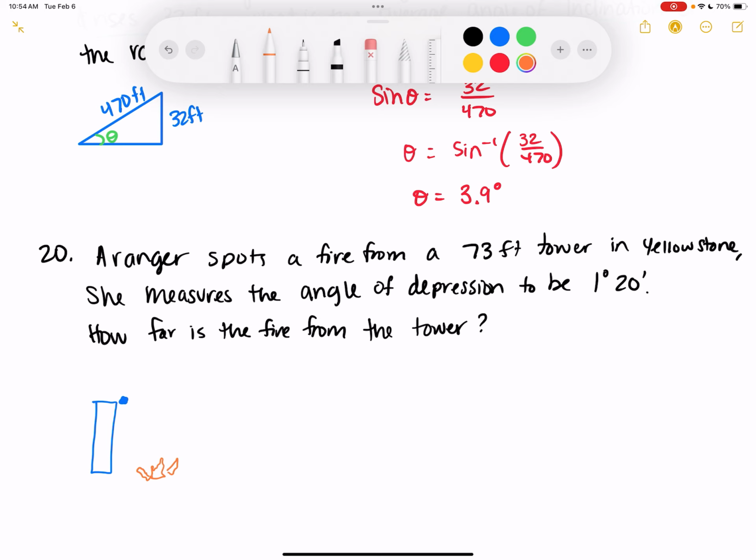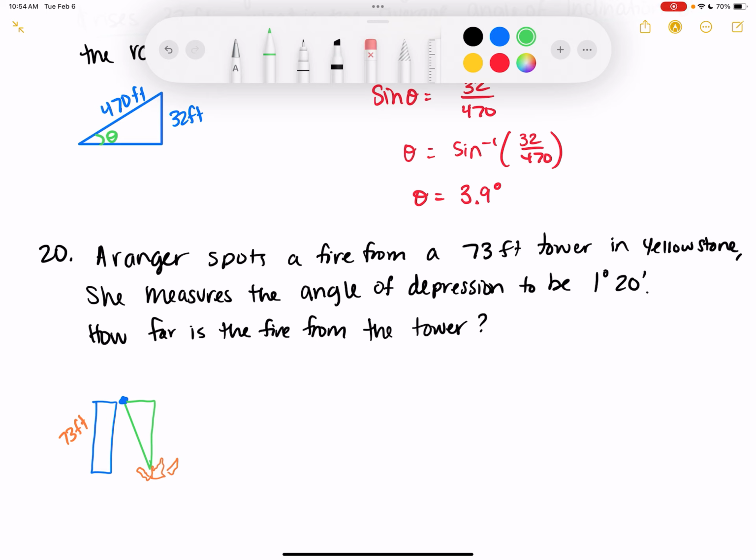Now, the tower is 73 feet tall. Now, I'm going to draw my triangle this way for the sake of seeing this angle of depression, which is not drawn proportionately whatsoever because it's 1 degree, 20 minutes.